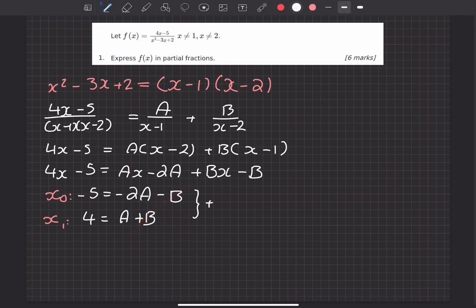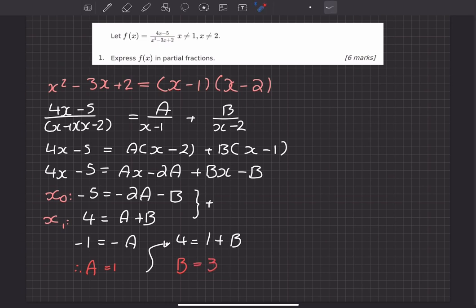And what we will have is minus 1 equals minus a. Hence, or therefore, a equals 1, right? So a equals 1. And substituting a equals 1 into this equation, we have 4 equals 1 plus b, and therefore b equals 3.